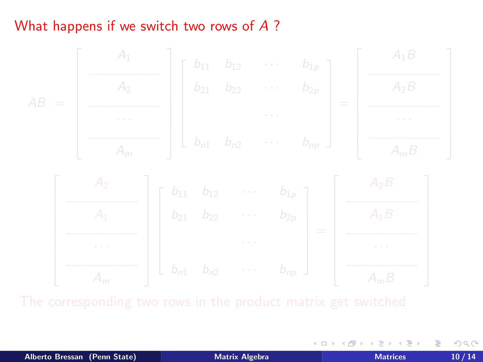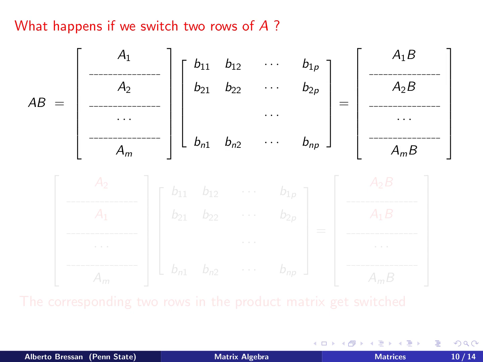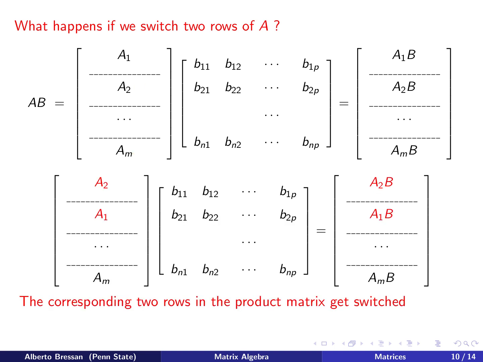Okay, so the next question is, what if I switch two rows of A? What happens to the product? Let's look into some details. Say this is A times B, as before, with these row vectors. Now let's switch the first and the second row in A, and I get a new matrix like this. So A2 is now the first row, A1 is the second.